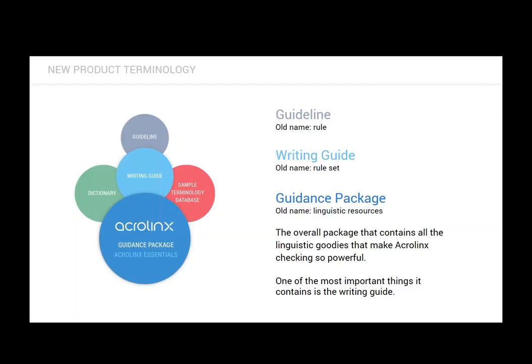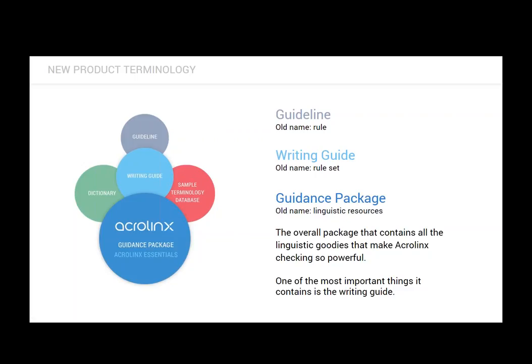You will see some of these in the rest of the presentation. So for that reason, we changed some of the core names we're using in our software. I just want to go through all these major changes so that you know how things are called now. We'll also be using this new terminology throughout the rest of the webinar, so it's important to introduce it right now at the beginning.